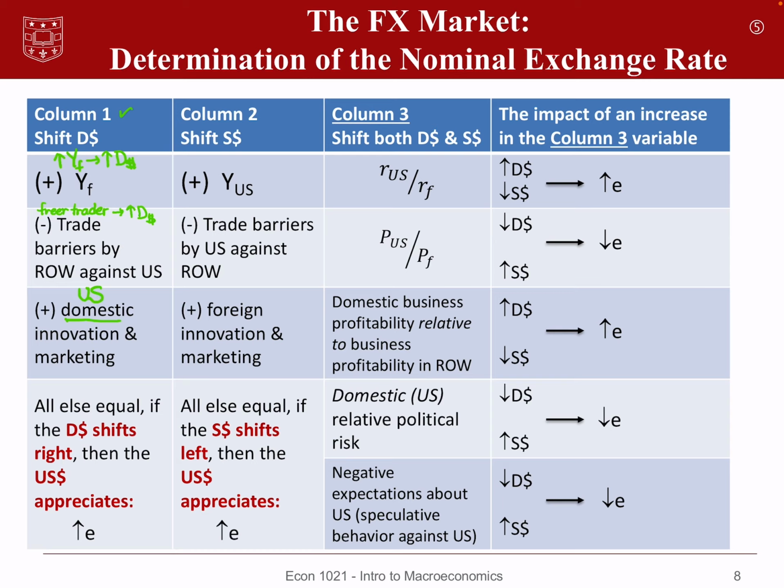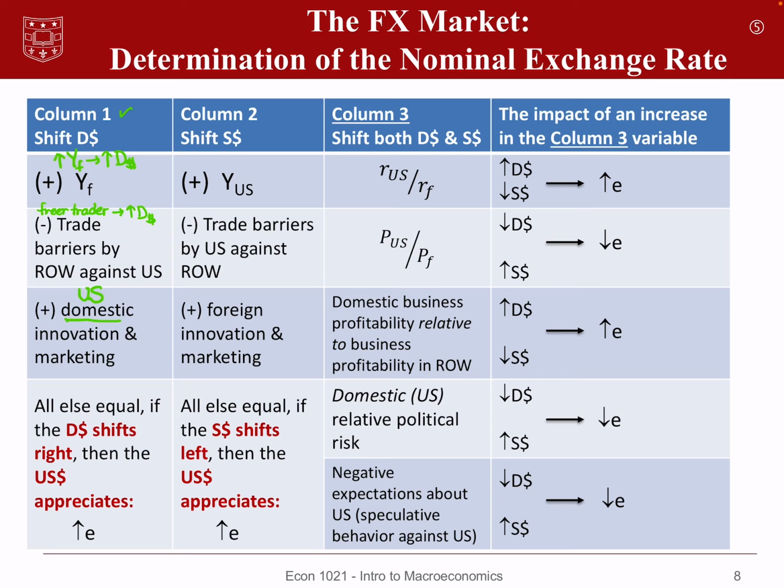So if the US develops more innovative products or markets them in a way that changes people's preferences towards having to have these US goods and services, then in order to get them, they need to have dollars, and that would be associated with an increase in the demand for dollars. And then we have the observation that we had before, all things equal, if the demand for dollars shifts to the right, then the US dollar is going to appreciate.